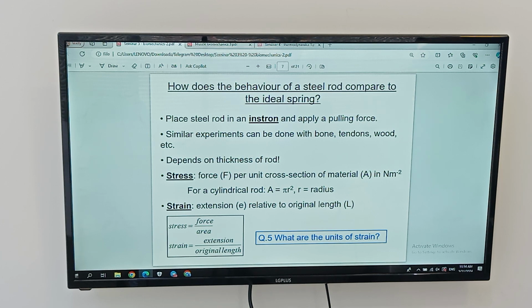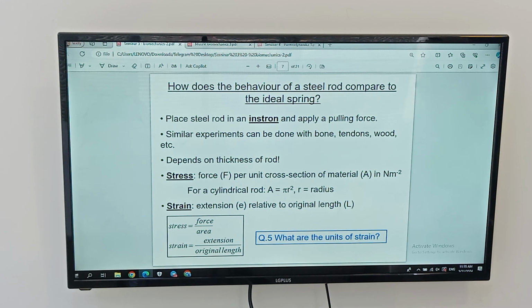But if we dig deeper and look at the molecular changes of the steel rod, there will be some changes. Any object in the world that a force is applied upon will undergo two changes.